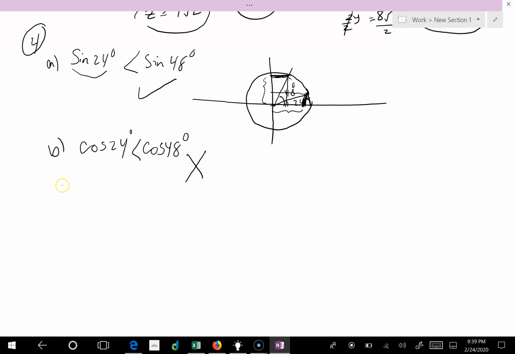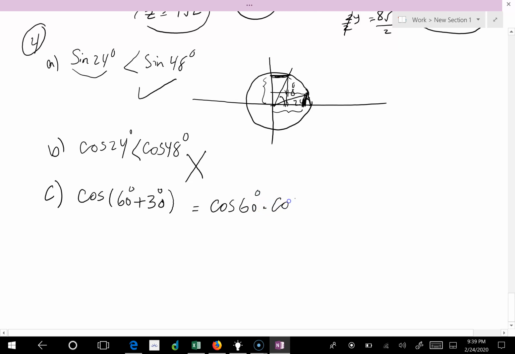For part C, we can just put in values. Cosine 60 plus 30 equals cosine 60 times cosine 30 minus sine 60 sine 30. This is 90.